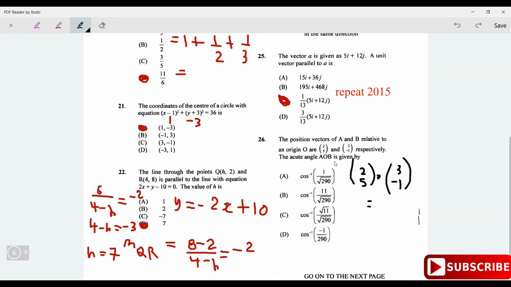After you get the dot product, you need to work out the modulus of OA. So you work out 2 squared plus 5 squared, all square rooted. That's going to be 25 and 4, which is 29. Then you work out the square root of 3 squared plus 1 squared, which is the square root of 10.